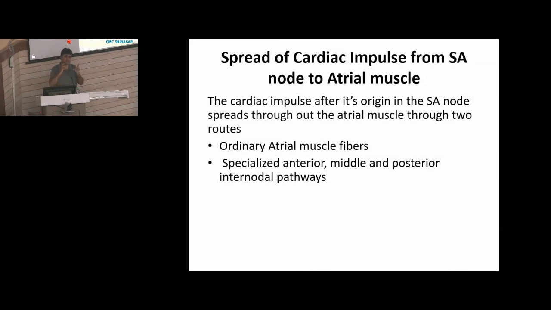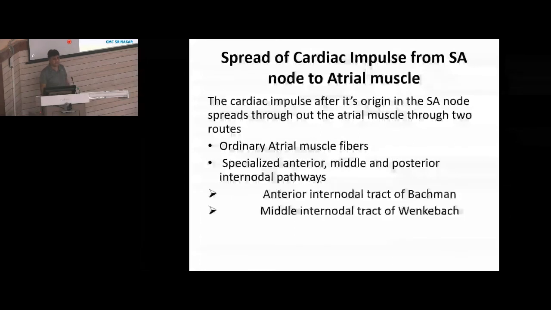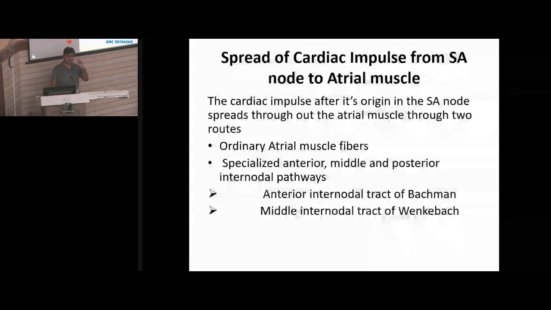At the same time, the impulse is conducted very fast through these three internodal tracts to the AV node. Coming to the next slide, these are the names of the three internodal tracts.